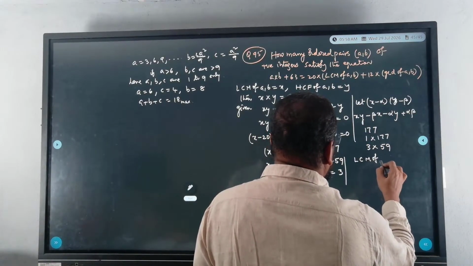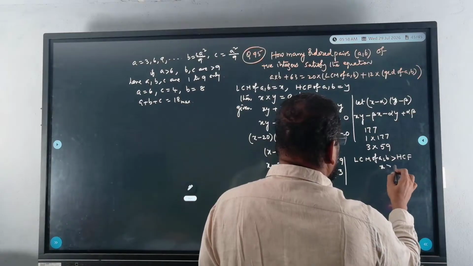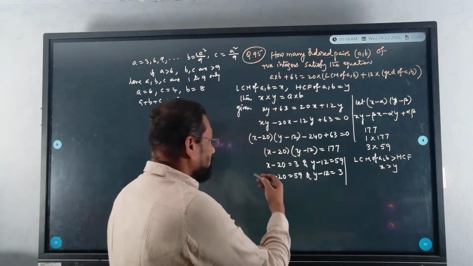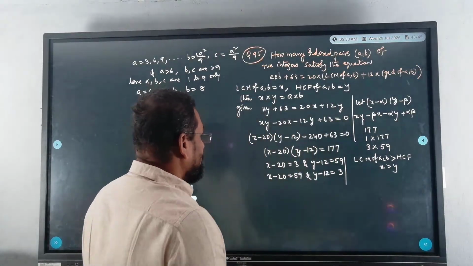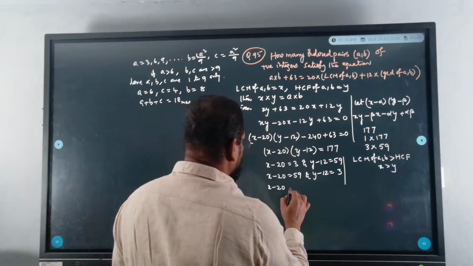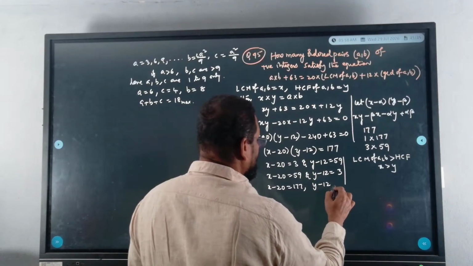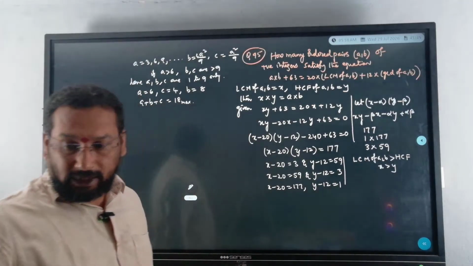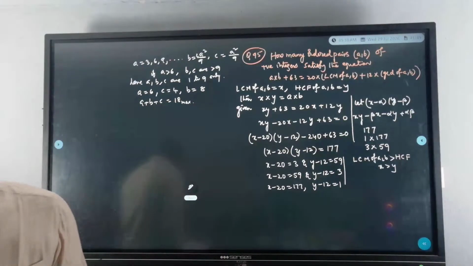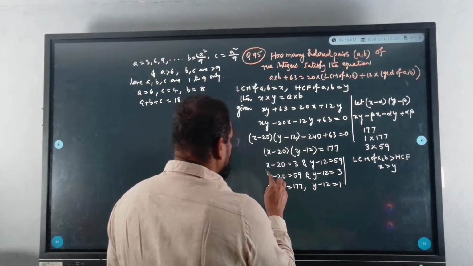Here LCM of AB is greater than HCF. So x greater than y. So now verify with x greater than y. And one more case we'll get, that is x minus 20 is equal to 177 and y minus 12 is equal to 1. That is also one case. So here it is not possible, I think.